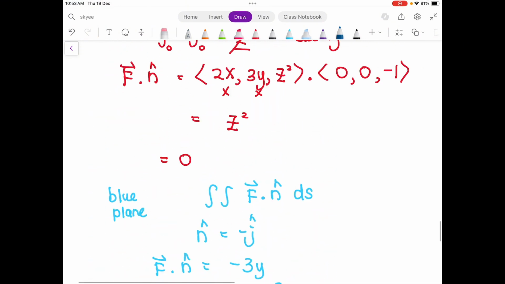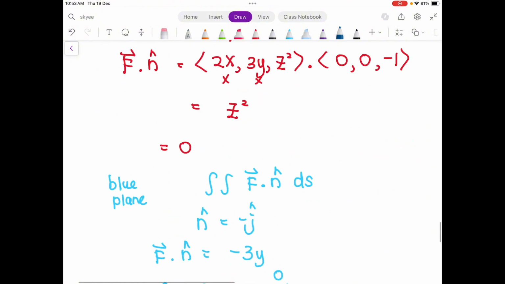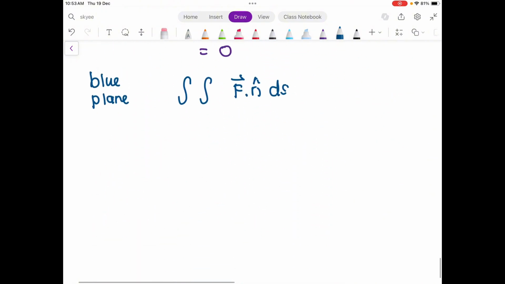So now let's see how the flux comes out from the blue one. Of course the flux will be going out, so it is in the positive k direction.